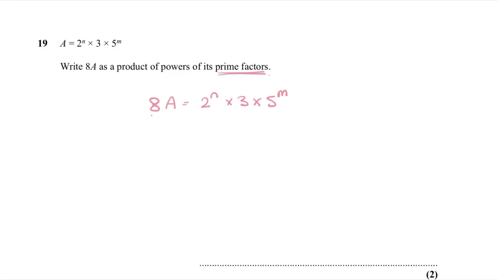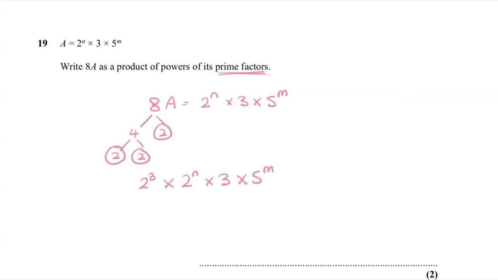So what we really want to do is think about our 8 in prime factors, which is 2 cubed. So 2 cubed is going to get multiplied into our 2 to the n times 3 times 5 to the m.